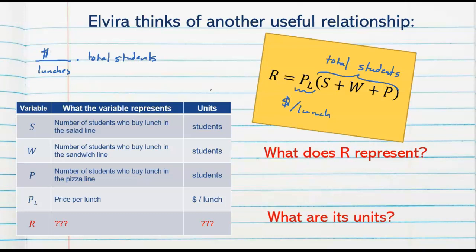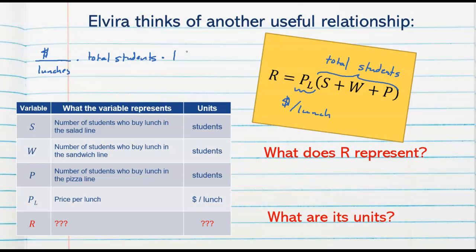That doesn't make a lot of sense. None of these are the same units, so nothing will cancel there. So we have to think about it and introduce a ratio that relates the number of students to the number of lunches. So how many lunches do you think each student buys? Well, we're assuming that each student buys one lunch, so one lunch per student.